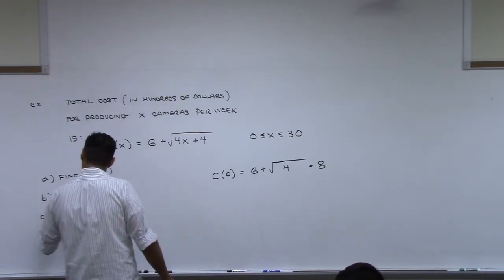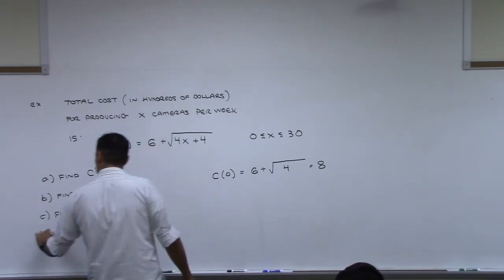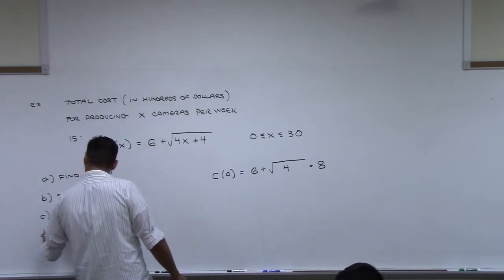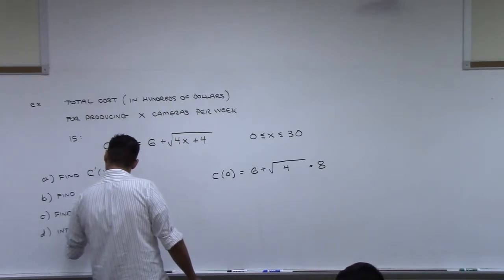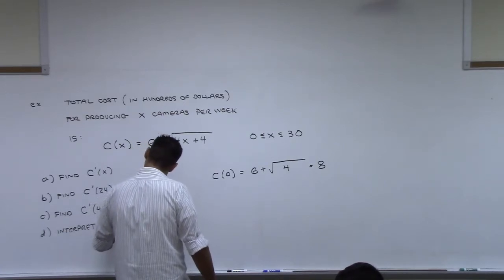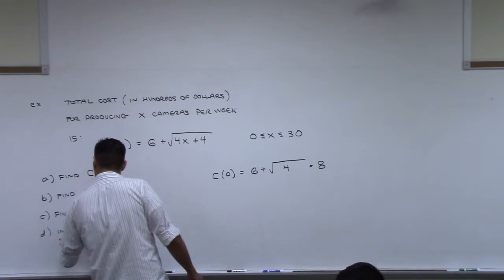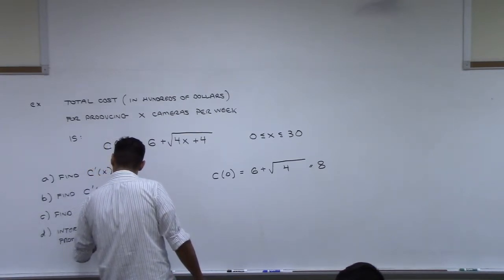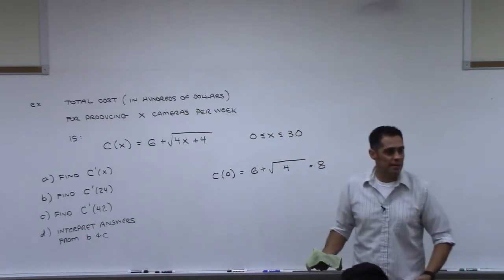C, find C prime of 42. In part D, interpret the answers from part B and C. So I want us to just discuss what the answers represent.